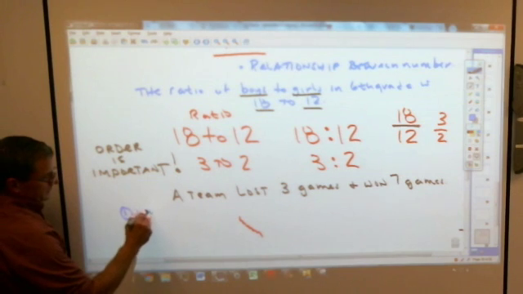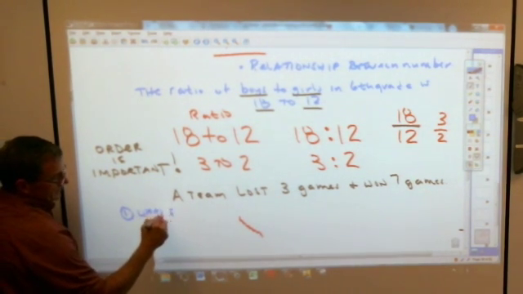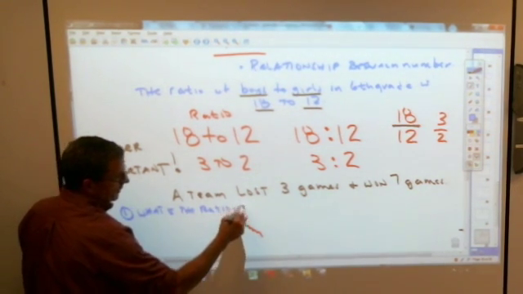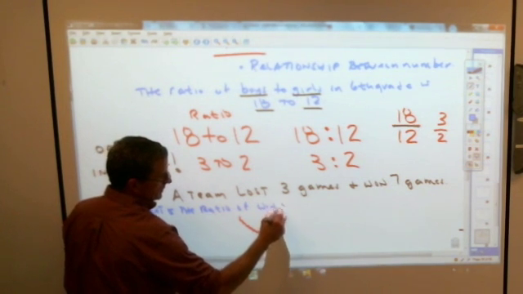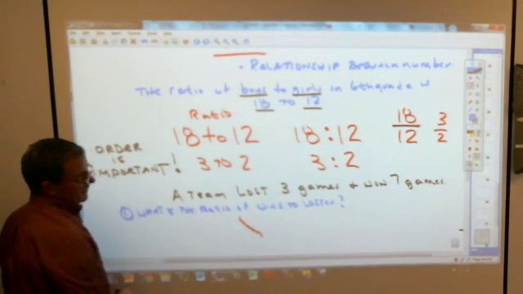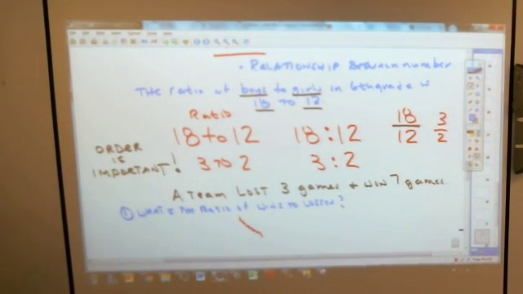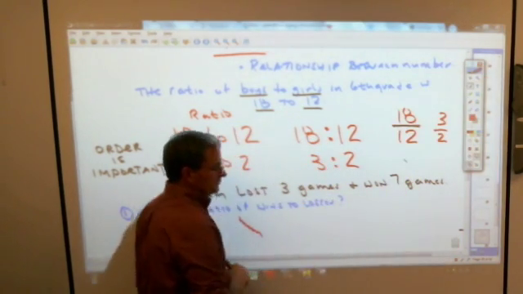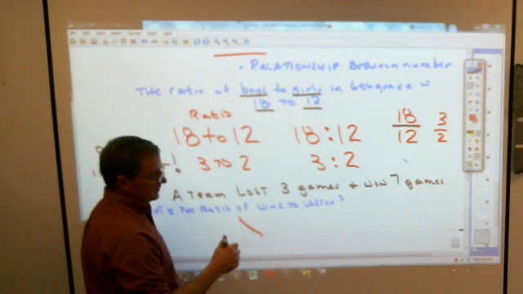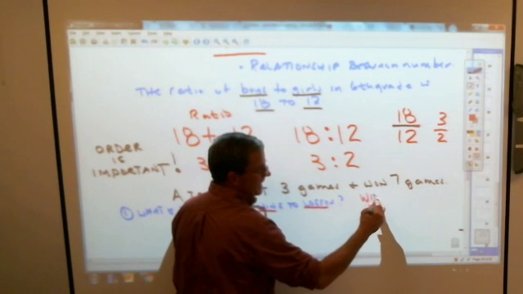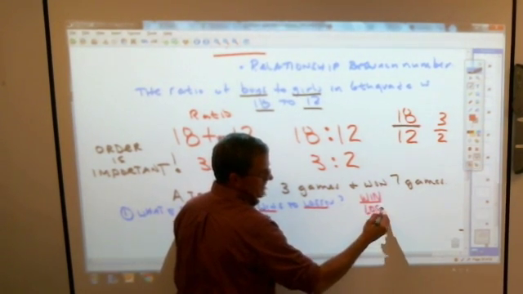What is the ratio of wins to losses? Like I said, anytime they ask you this, unless they want you to do it differently, you're going to do it in fraction form. So here is what you have to think, young children. I said order is important. Wins to losses must be made in a fraction with wins on top and losses on the bottom.